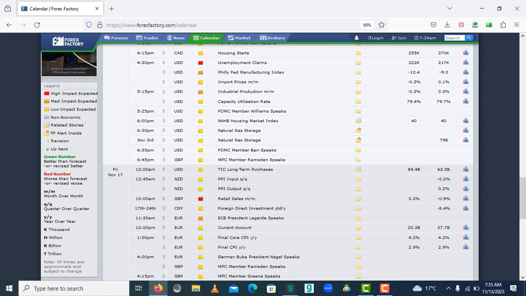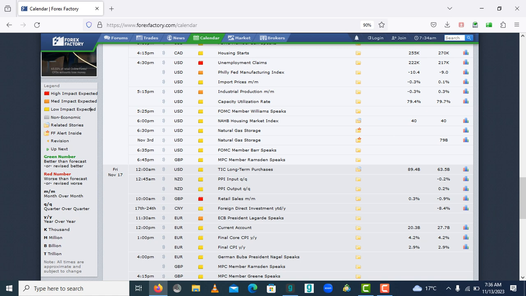It means this is high impact expected, meaning the news that is released at that given moment will have a very big impact on the currency given there. For this other color, we have medium impact expected, and we have, I hope this is the yellow color, low impact expected. Generally, people who trade fundamentals or news will most likely trade the high impact news.